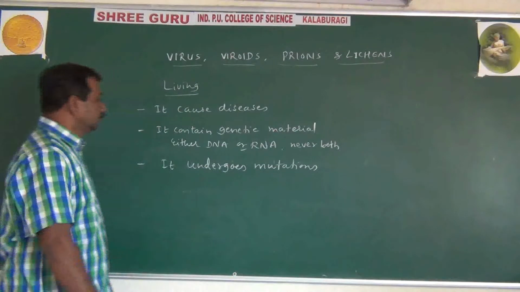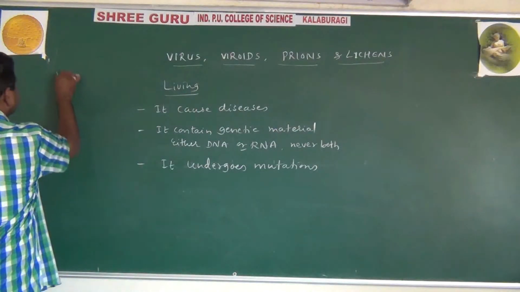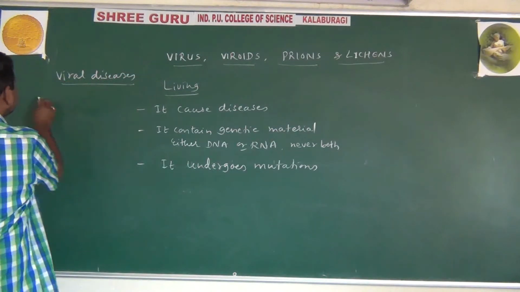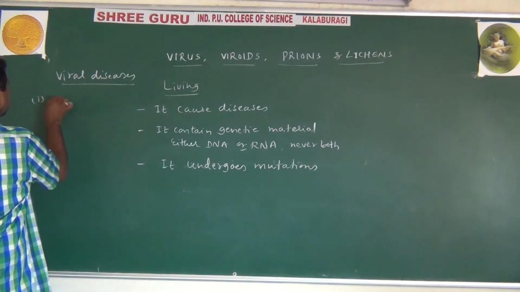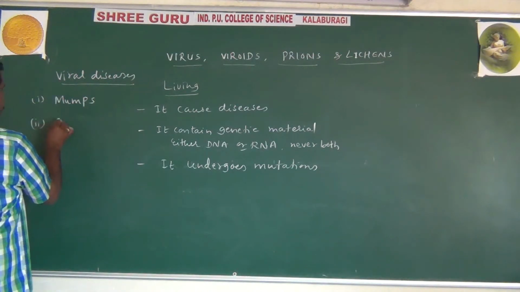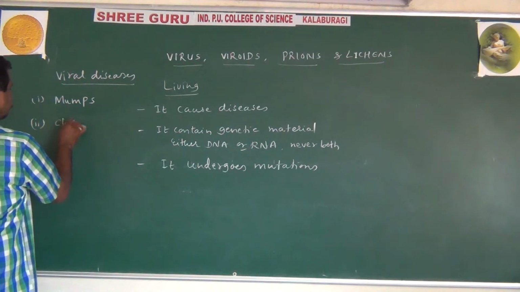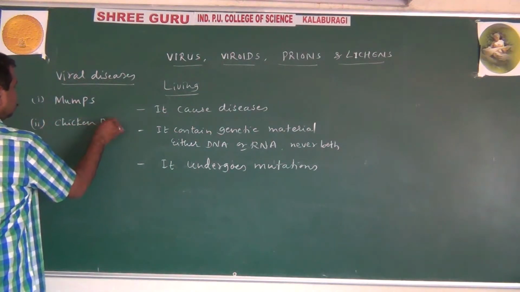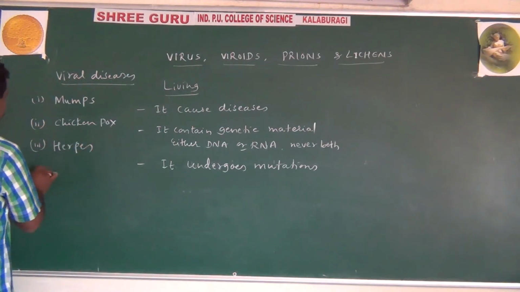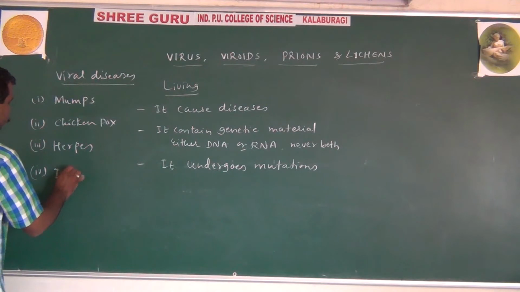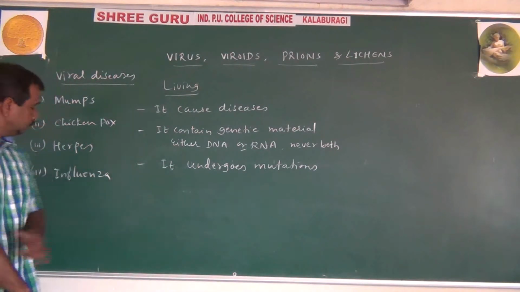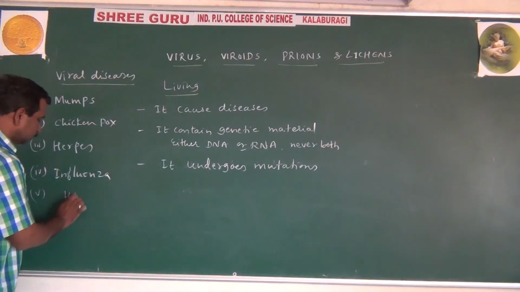Now I am giving the viral diseases; I will write them here. So many viral diseases are there; among them at least we have to study four. For example, mumps, then the second one chickenpox, third herpes, fourth influenza. Even HIV, H1N1 and the present COVID-19 are also there.